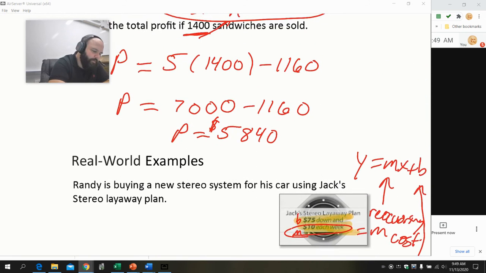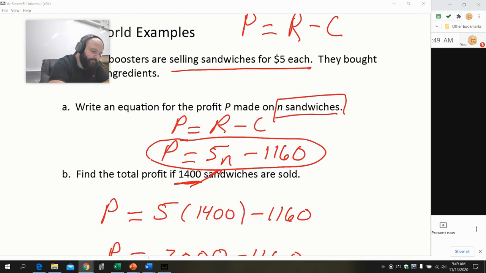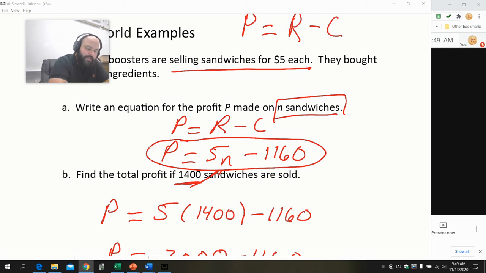Now, if I were to go back into this last one for a second, if I would go by the reoccurring cost and the one-time cost, this $5 right here, every time we sell a sandwich, we're going to make $5. That is the reoccurring cost.